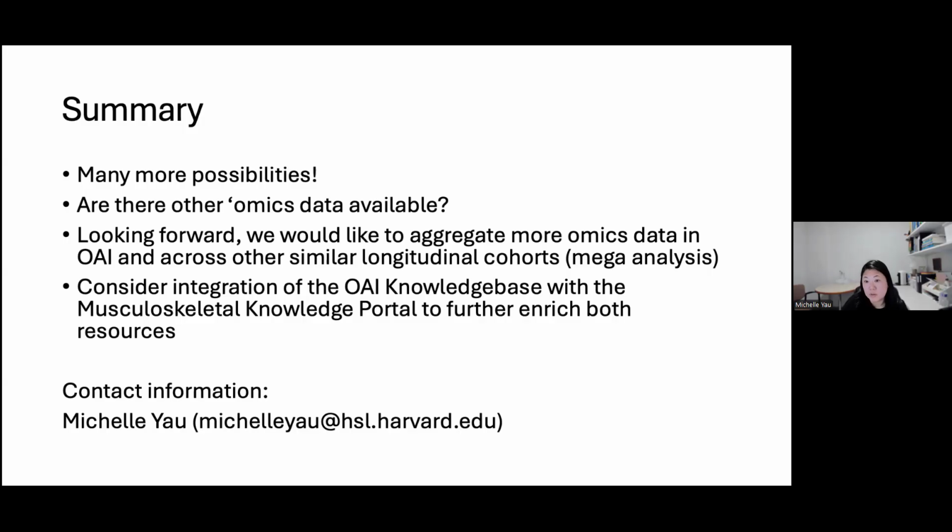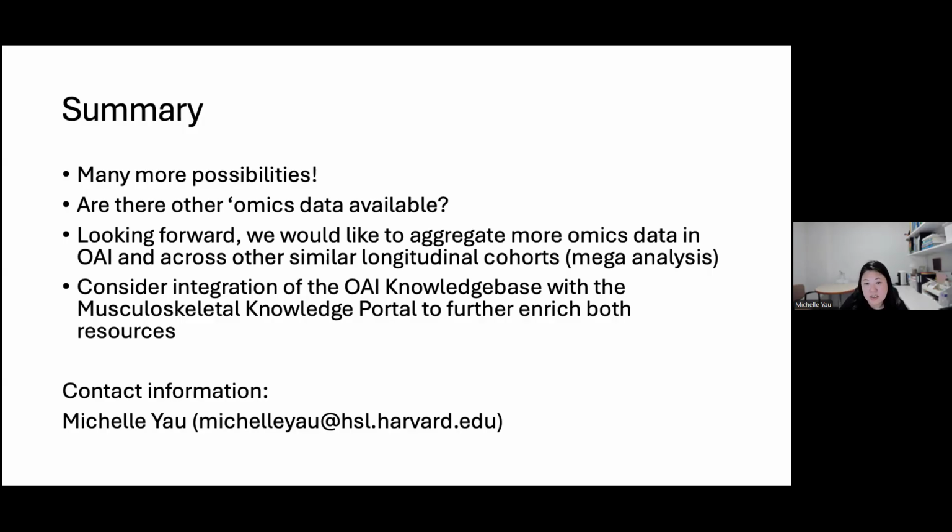in order to benefit the musculoskeletal community. On the one hand, OAI has deep phenotyping for OA that's extremely valuable to the community. And the Musculoskeletal Knowledge Portal has a number of genetics data and functional data available in musculoskeletal tissues.